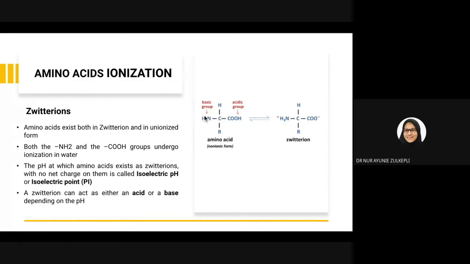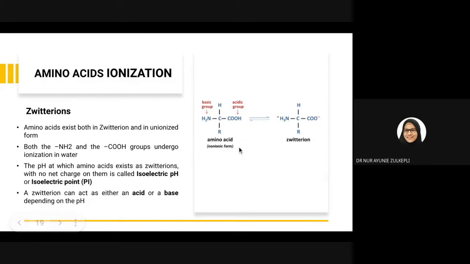The amino group belongs to the basic group, and the carboxyl group can be an acidic group. You should know that the pH at which amino acid exists as zwitterion is where there is no net charge. Here, positive and negative balance. That pH we call the isoelectric pH or isoelectric point.